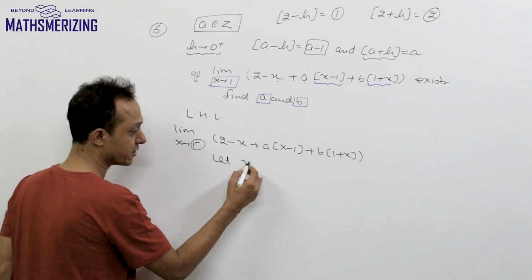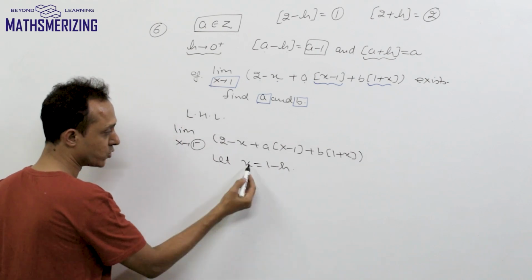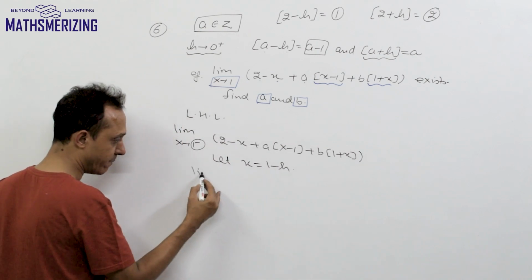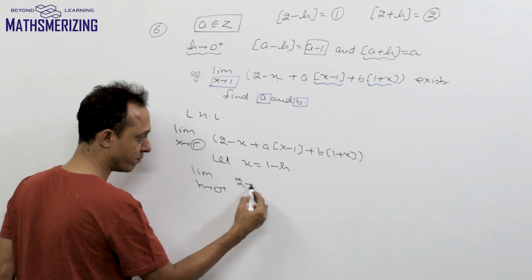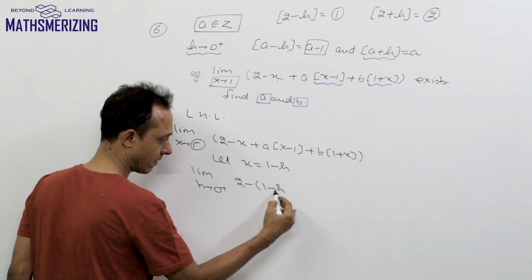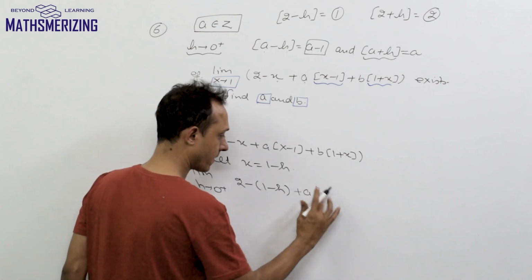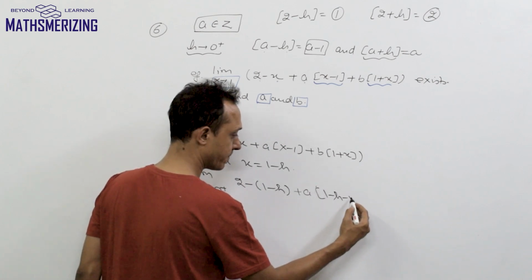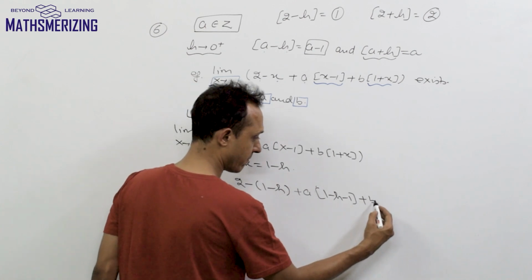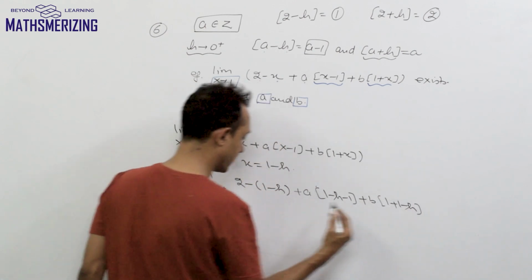So I'll do the substitution. I'll let x be 1 minus h. Now when x is 1, h is 0. So I can write it as limit h tends to 0 positive of 2 minus 1 minus h plus a into the greatest integer function of 1 minus h minus 1 plus b into the greatest integer function of 1 plus 1 minus h.